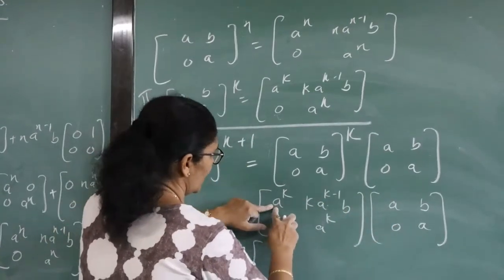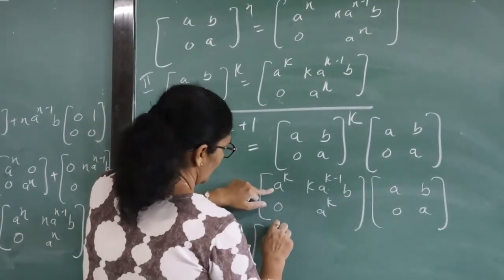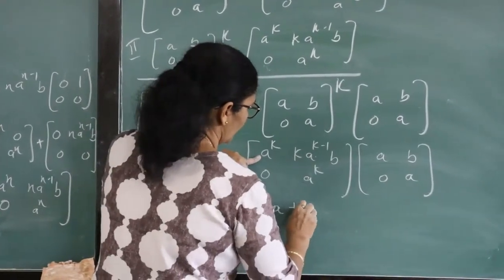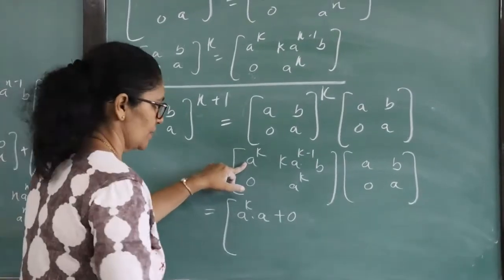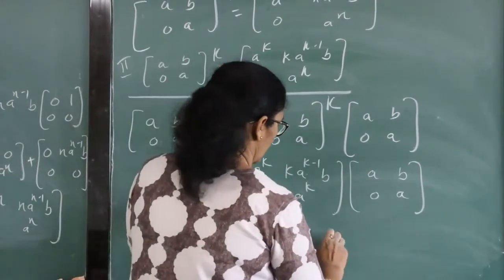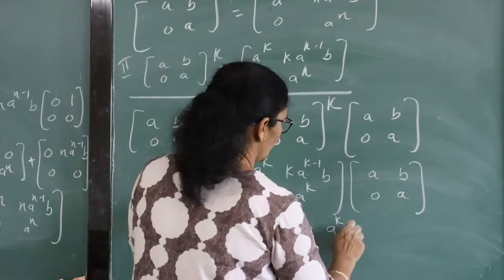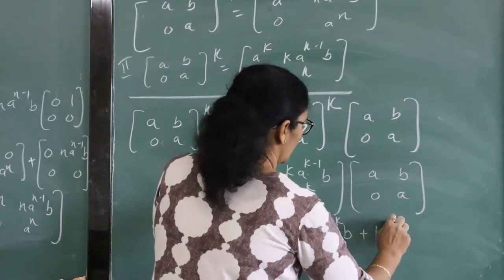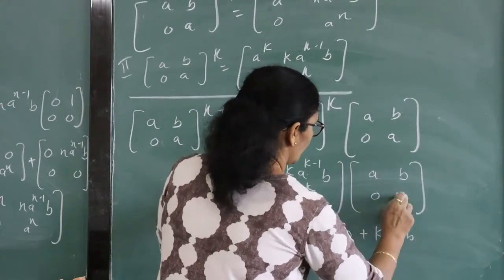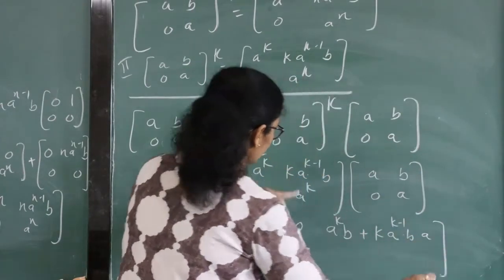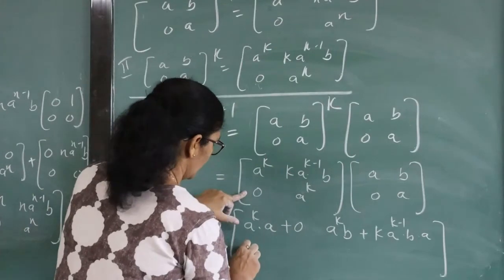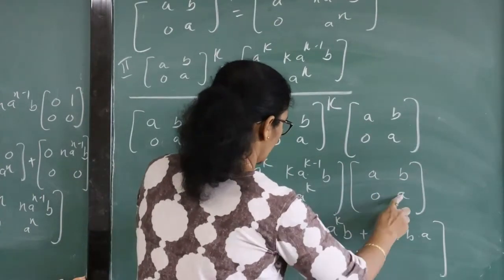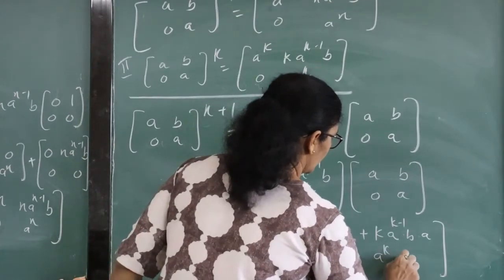So let's start with a^k into a. First row, second column: if you multiply any term by 0, you get 0 only. Then a^k into b plus k a^(k-1) b into this a. Second row: 0 into something is 0, and this is also 0, then 0 plus a^k into a.